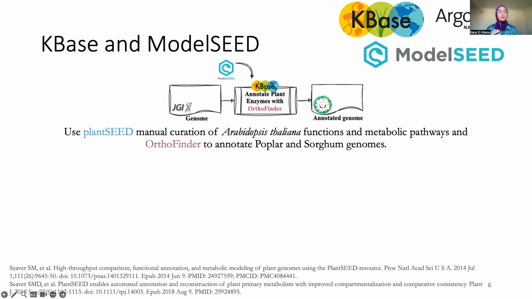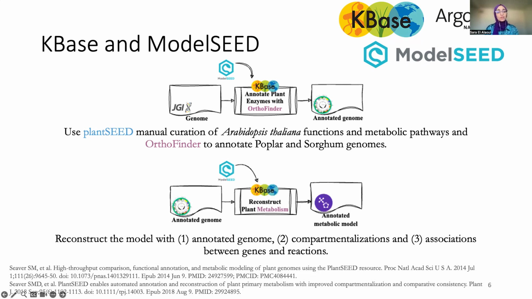Because there's an implied homology between poplar, sorghum, and Arabidopsis, they will have the same metabolic network, but the genome is just going to be the difference between these. So OrthoFinder finds the orthologs and it helps us annotate the genomes of poplar and sorghum.